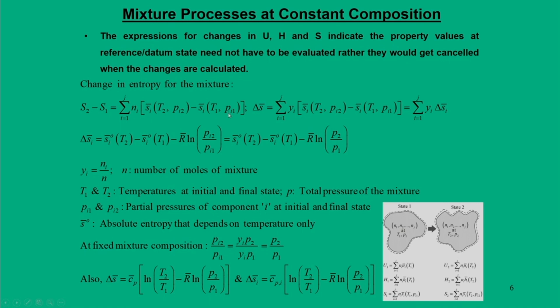At the initial state, the partial pressure for component i is Pi1, and in the final state 2, the partial pressure for component i is Pi2. There is also the temperature of component i, T2 in the final state and T1 in the initial state. These expressions can be represented in summation form, S2 minus S1, in terms of the molar specific change in entropy multiplied by its mole fraction.